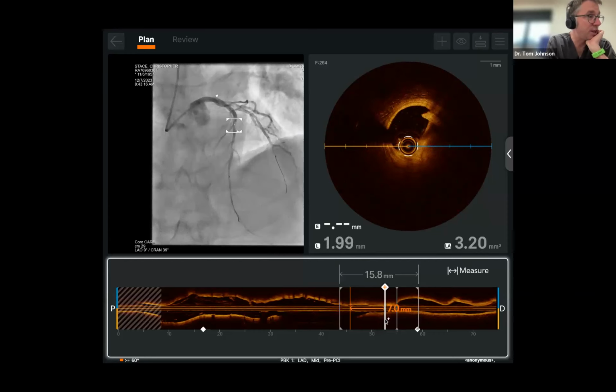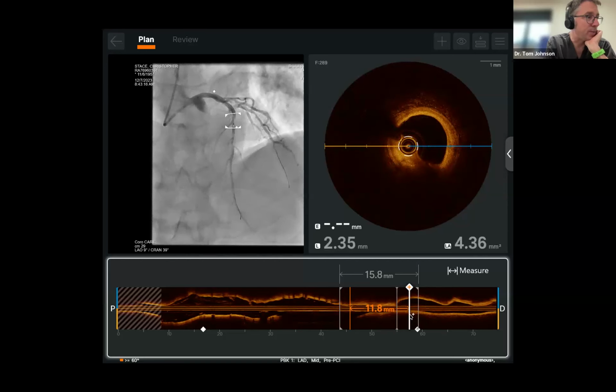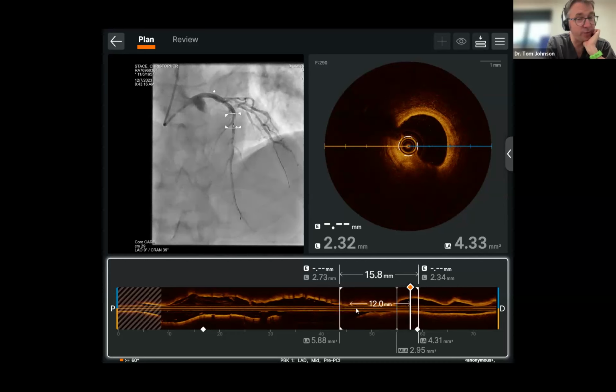So this actually extends really quite a long way. We see it still extending right the way to about this point here. So it's about a 12 millimeter dissection. It's really quite profound, and I think that in many ways reflects Knuth's interpretation of this being very diffuse, high burden disease.